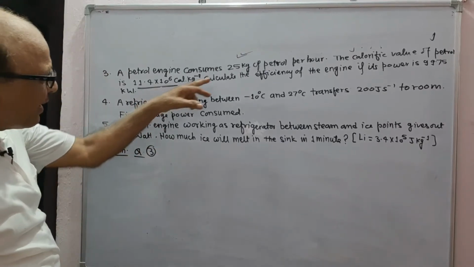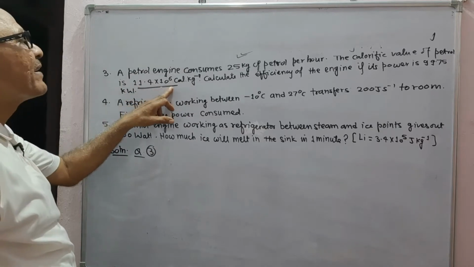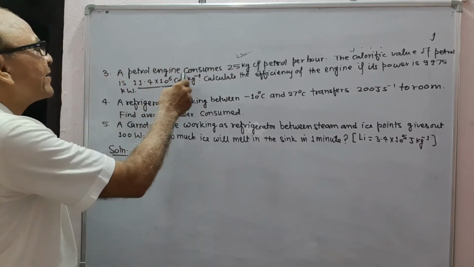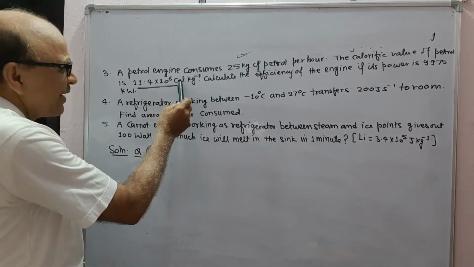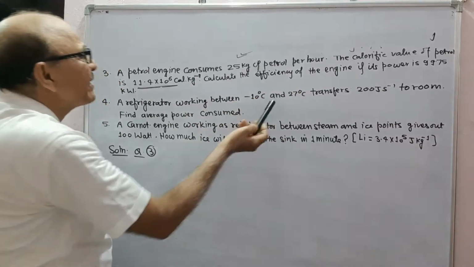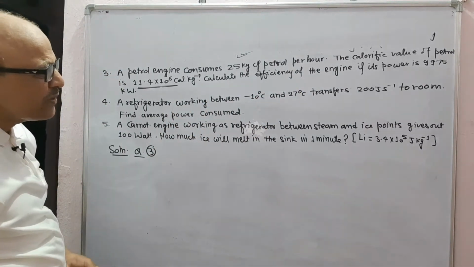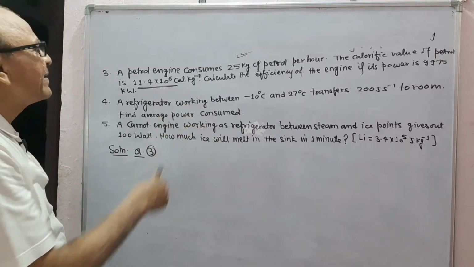The solution of question 3. Here 1 kg petrol produces this much calorie of heat, therefore 25 kg will produce this into 25 kg heat, that will be Q1. Q1 upon time will give input power, and as you know efficiency is equal to output power upon input power.